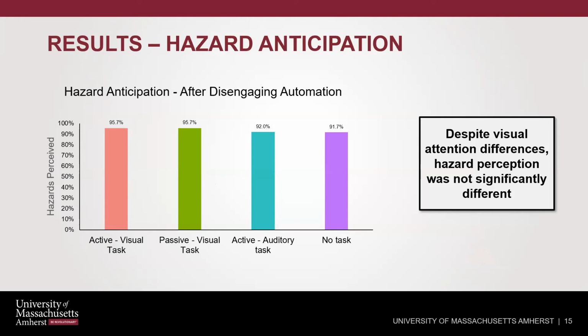So this graphic on the left, you see the 4 tasks broken down, and then the y-axis presents that percent of occupants or participants that perceived the hazard once they disengaged automation. So across the gamut within the 3 tasks and our no task, there was not a significantly different change in terms of actually perceiving the hazard that was presented to them.